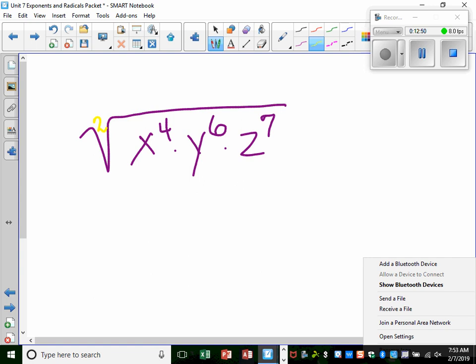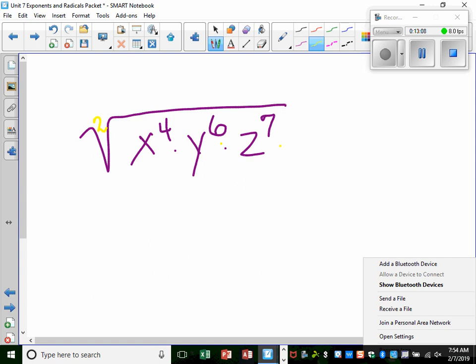So if I were doing cube root, the exponent, to be perfect, would have to be divisible by 3. So that's why that index is important. Okay, so is 4 divisible by 2? Is 6 divisible by 2? Is 7 divisible by 2?